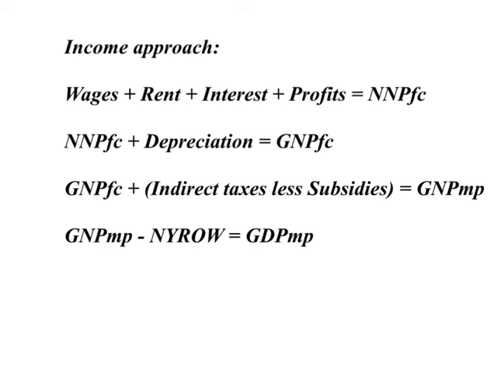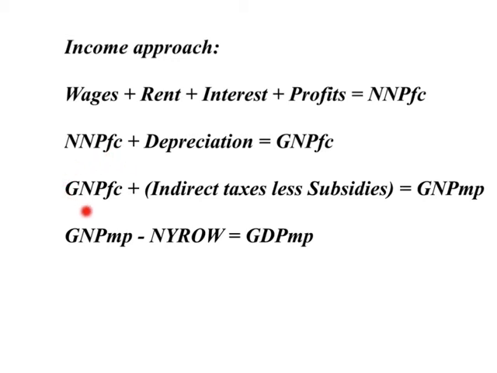Now let us look at income approach to measurement of GDP. And in the circular flow diagram, I had referred to factoral income, and that is the sum of wages, rent, interest, and profits. And when you add up all this for an economy, what you get is net national product at factor cost, or NNPFC. Now, to NNPFC, you add depreciation, and what this will give you is GNPFC, or gross national product at factor cost.